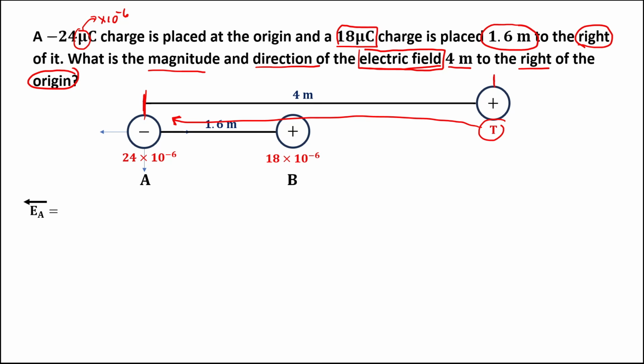Then to find the electric field, using this formula, we have k, the Coulomb's constant, times the given charge over the range squared.